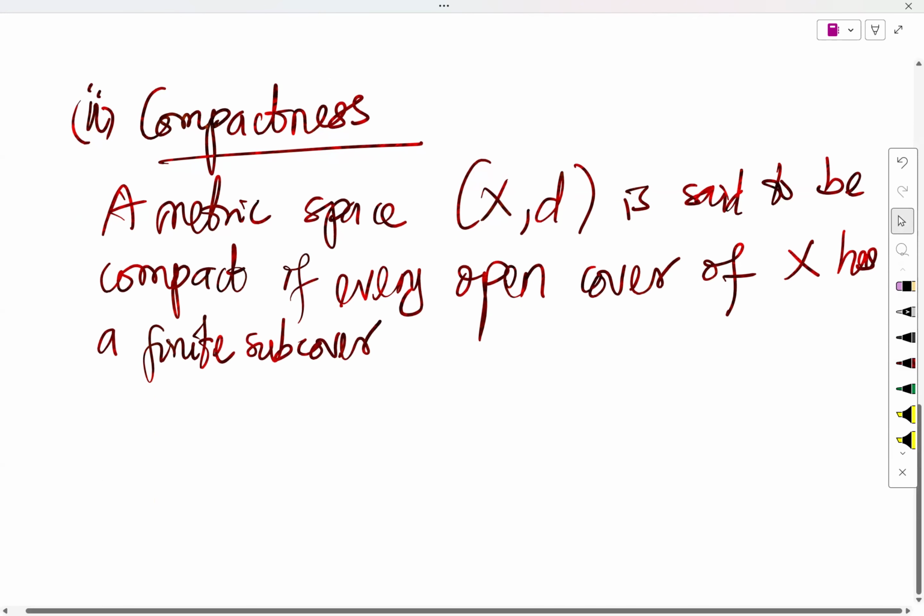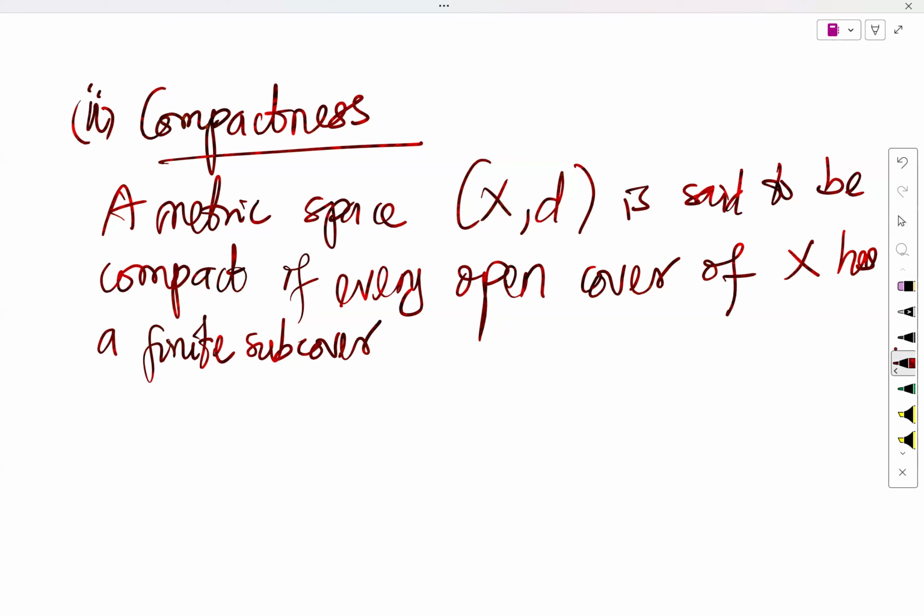So a metric space (X, d) is said to be compact if every open cover of X has a finite subcover. That's the first statement. But of course, you need to understand the other terms.